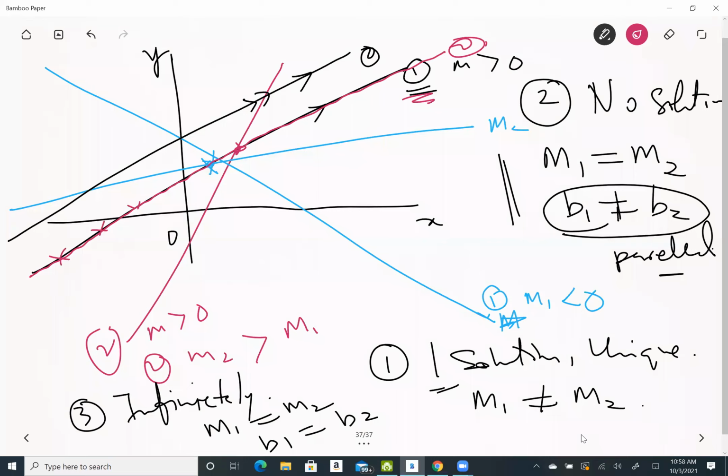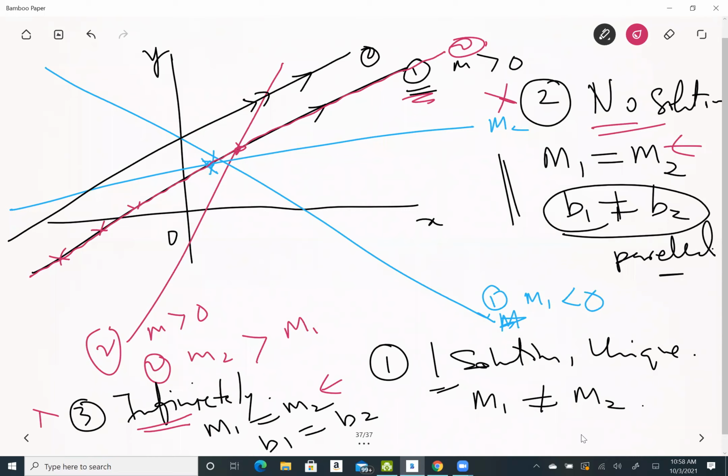Now, the reason why I do this: if you have 2 equations and you want to find the solution, and you see the slopes are equal, then either you have infinitely many solutions or you have no solution. Number 2 and number 3 are not important. If you have no solution or infinitely many solutions, it doesn't help anything. You stop there.